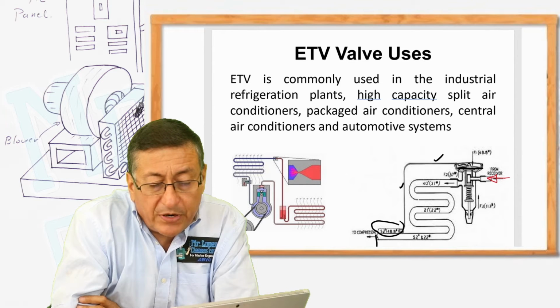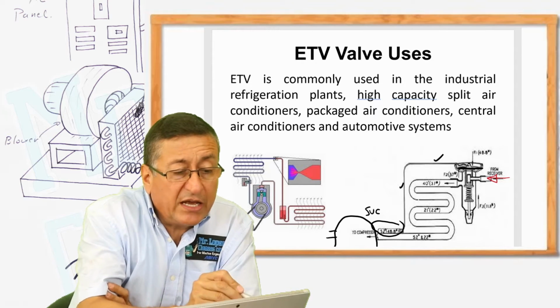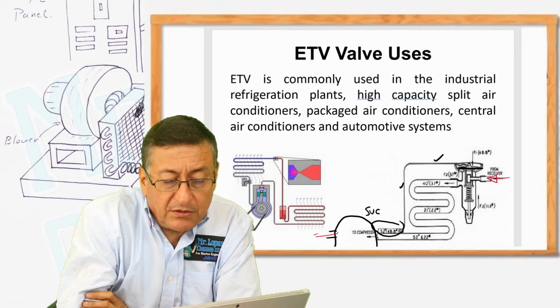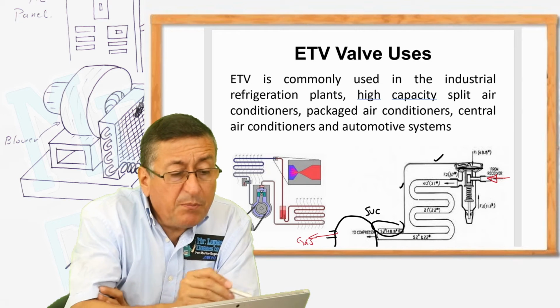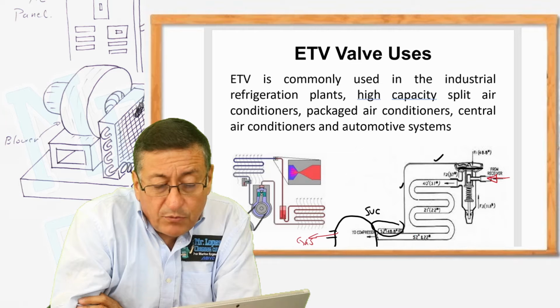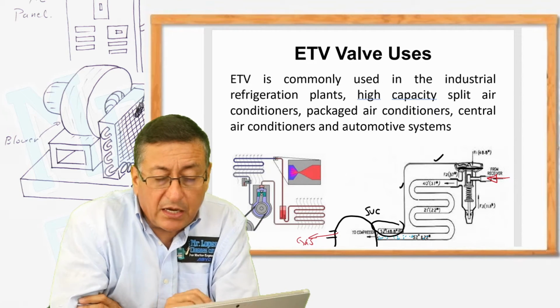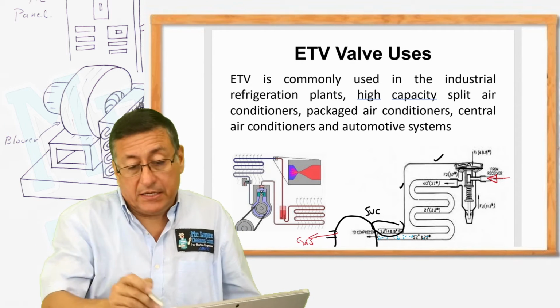Suppose that this is the compressor, and this is the suction side, and this is the high pressure side. In other words, in this output you have a gas, vapor at high pressure and high temperature, and in the input here we have a vapor at low pressure and high temperature for the refrigerant.